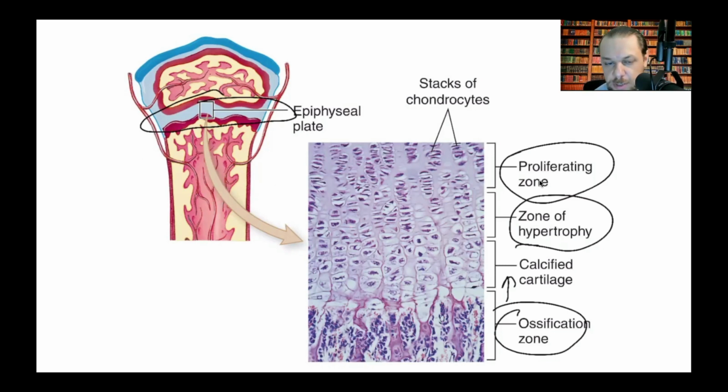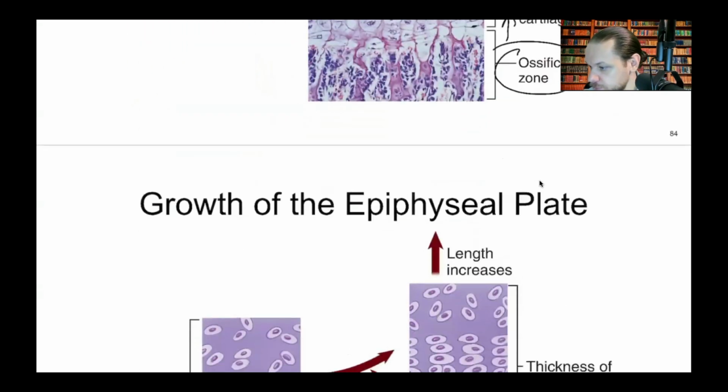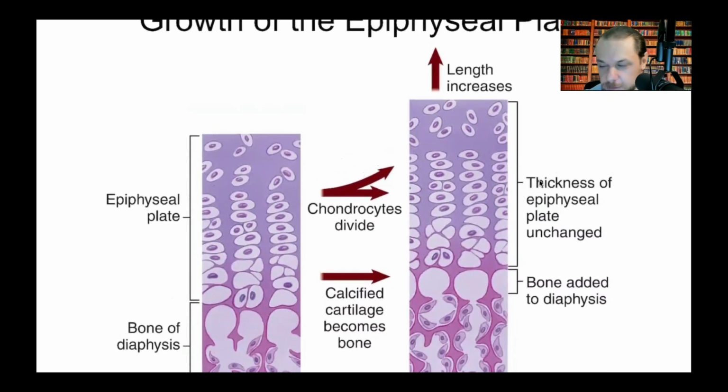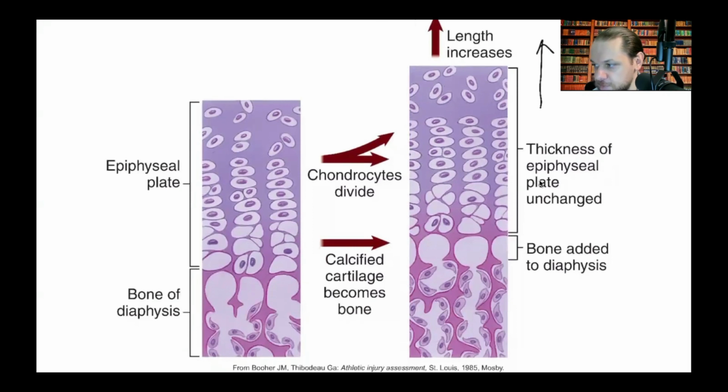So whenever you're inserting your IO access, I'm going to show you pictures of how you would assess this, but you want to be careful not to damage the epiphyseal plate, which is responsible for extension of the bone. Here is a close-up view. The length increases as it extends, and right here, the calcified cartilage becomes bone.